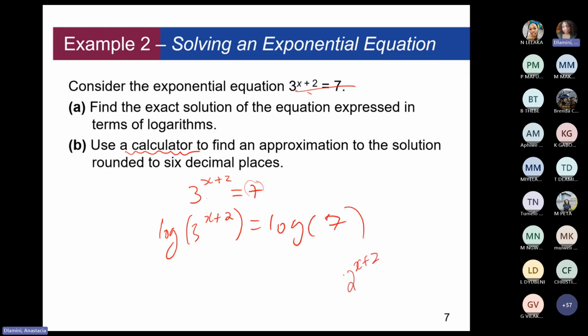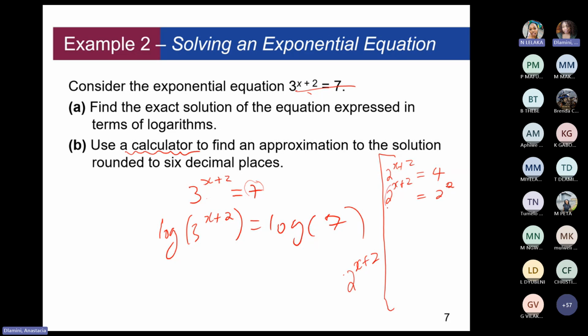Alrighty? Are we all together? Okay, let's start here. So we have 2 to the power of x plus 2 is equal to 4. In grade 10, 11, 12, what would we do there? You can say maybe 2 to the exponent 2. So we used to say 2 to the power of x plus 2 is equal to 2 to the power of 2, since 4 is 2 squared.